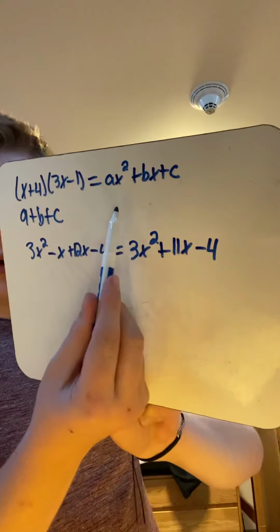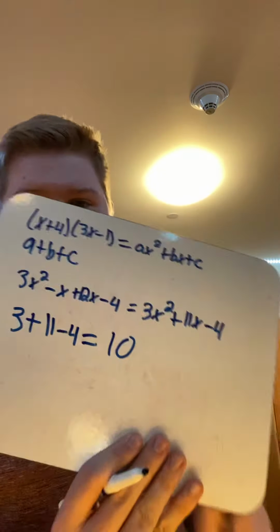And what you want to do with it is you take your a, your b, and your c, and you combine them. So a is, in this situation, 3, plus b, which is 11, plus c, which is negative 4, which gives you a total of 10.